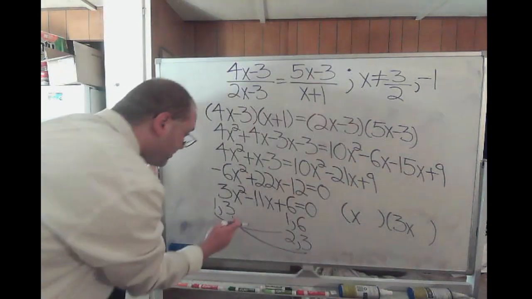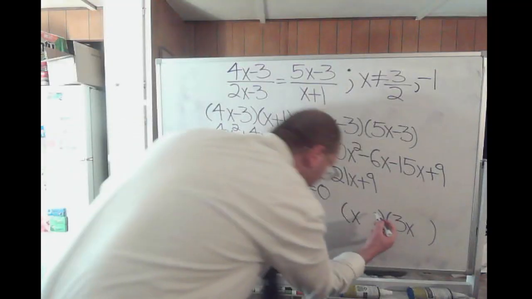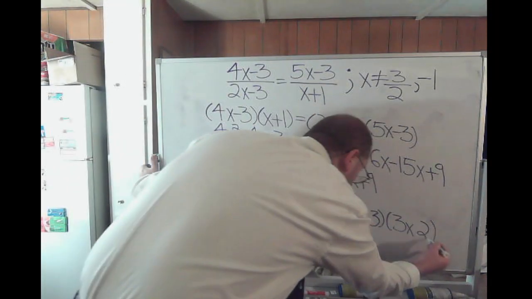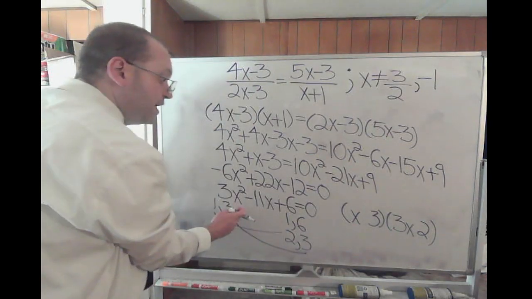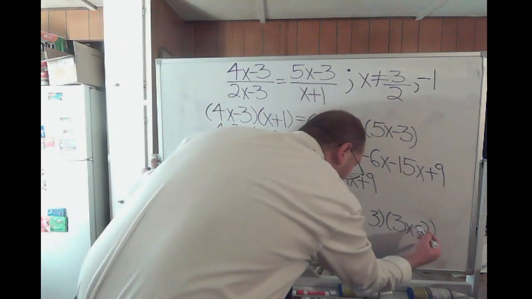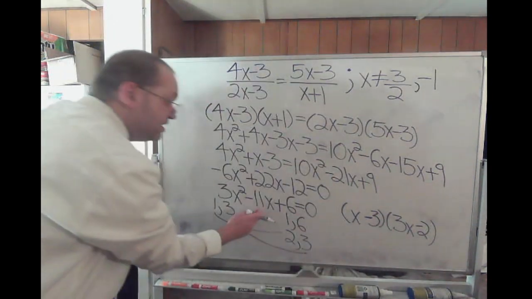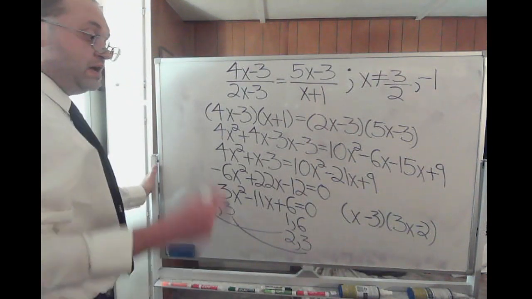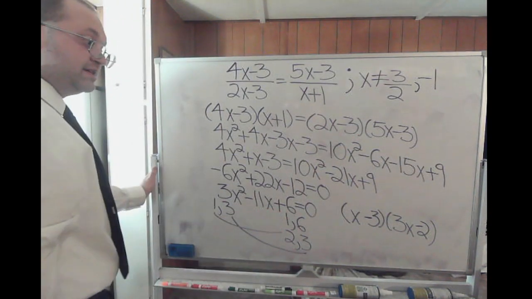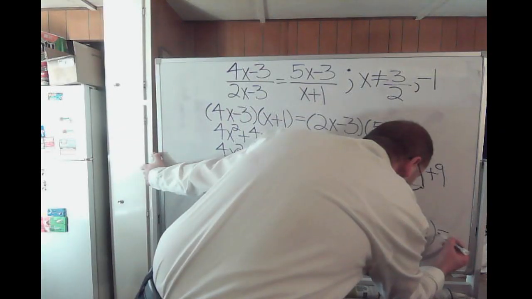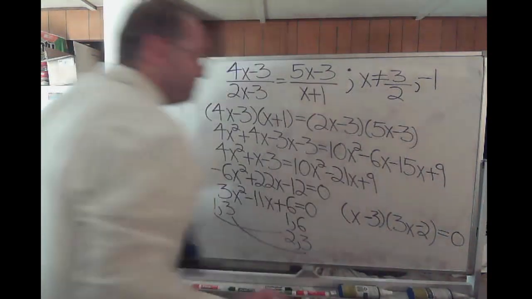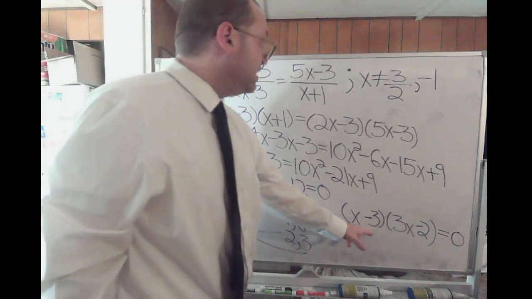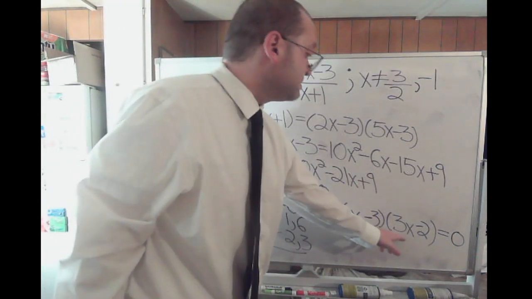Then we said 3 was times 3, so that's going to go here. And then 1 was times 2. Okay, so let's see, 3x squared minus 2x minus 9x. Yep, that would give you negative 11x. Negative 3 times 2, that's going to give you positive 6. So we actually were able to factor this. No quadratic formula. So now you just have the quantity of x minus 3 times 3x minus 2.